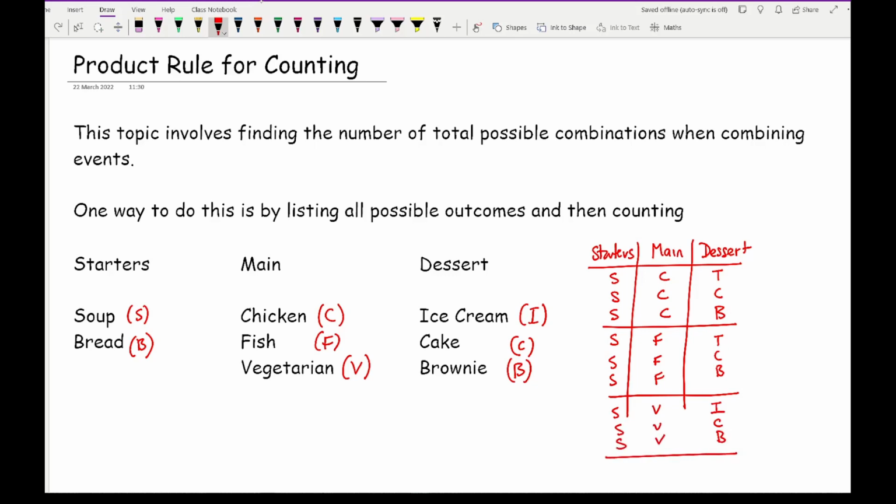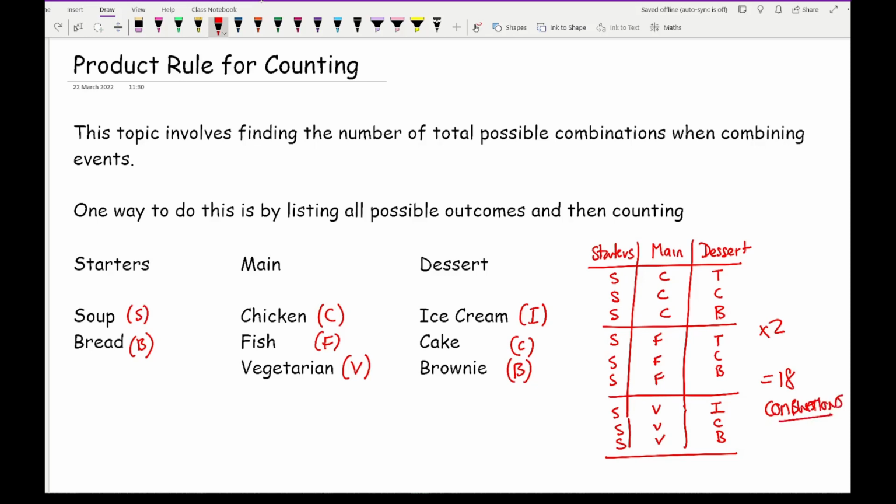So you can see that for all of these, I'm going to have 9 combinations. That's all the combinations of picking soup. Now, if I multiply that by 2, because I've then got another starter, I'm going to have a total of 18 combinations.